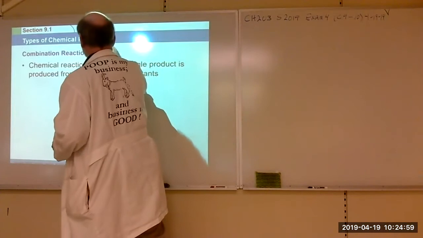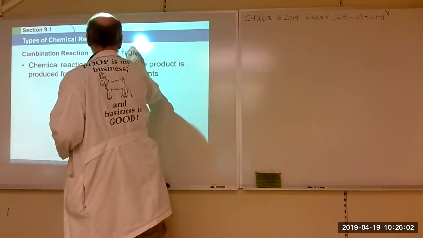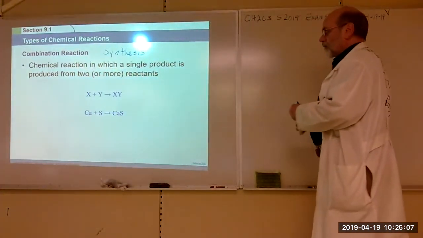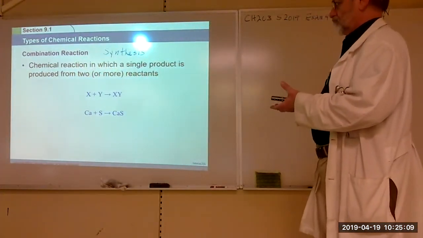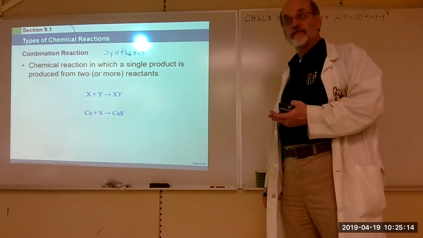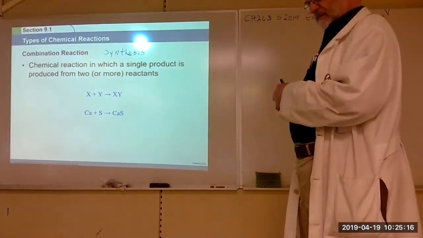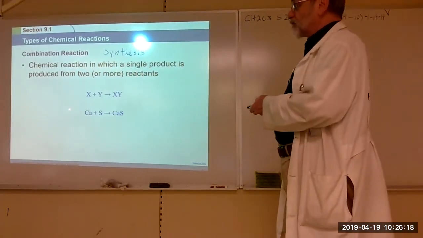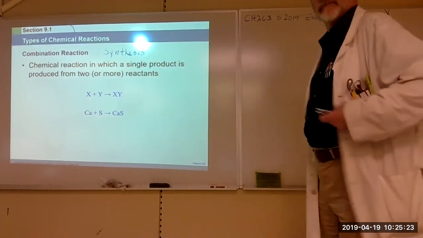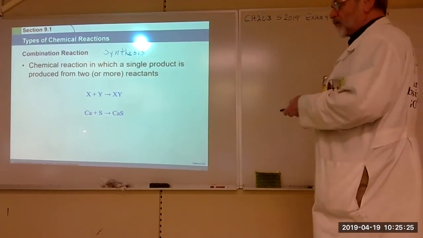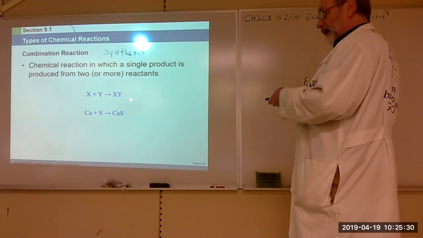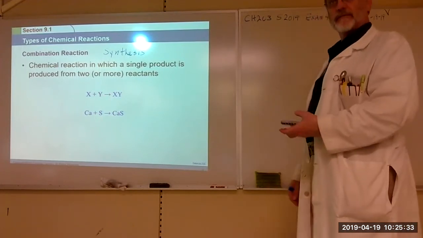It's also a synthesis reaction, where you have a single product that's produced from two simpler reactants. The easiest one to recognize is if these are two separate elements like that, and they make a compound. Okay? But they don't have to be elements. They can be a simple compound and a more complex compound. That's a synthesis.